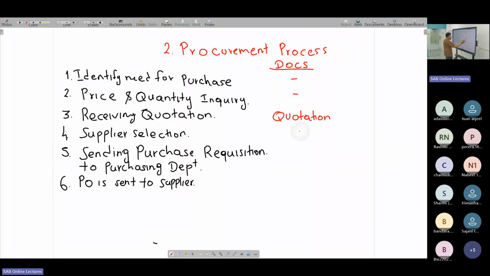Supplier selection is a process based on the quotation. Purchase requisition, PR, is involved, a straightforward thing. Then PO, purchase order.